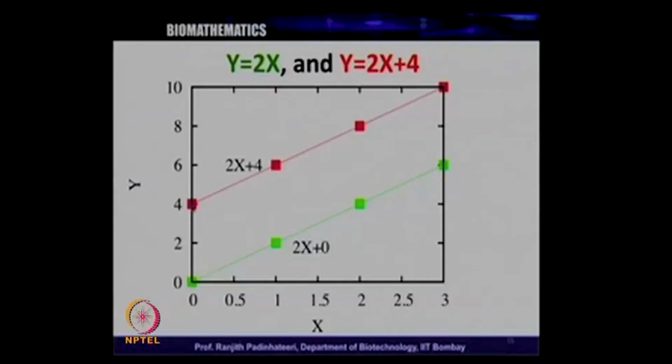So, what it means is that the curves y is equal to 2x and y equal to 2x plus 4 are shifted. They are shifted by a certain amount, the value 4 here. So, the difference between y equal to some constant times x and a constant times x plus some other constant is that they are shifted by some value. The difference is only a shift, as you saw in the slide.